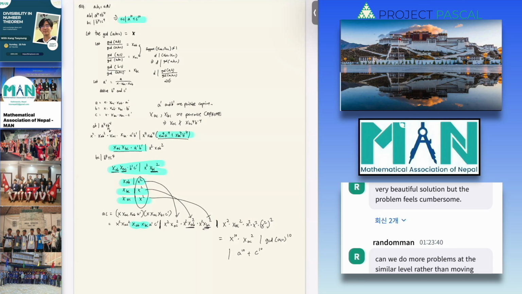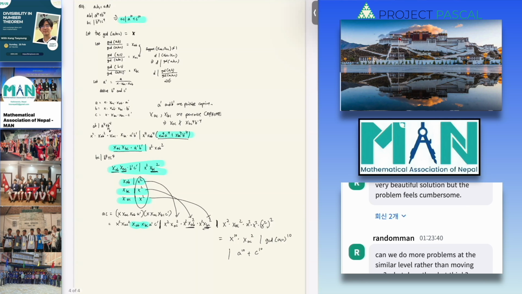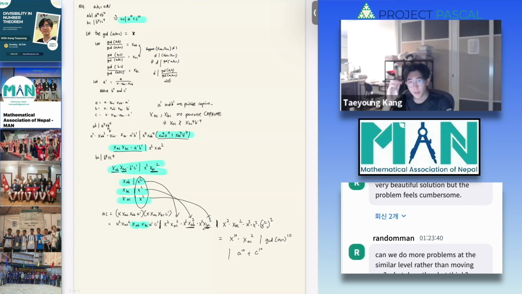When you constantly extrapolate on your initial GCD conditions, you can extend it onto the power of 10. This just requires you to grind out the divisors and the divisibility conditions until you get it. The problem feels cumbersome.